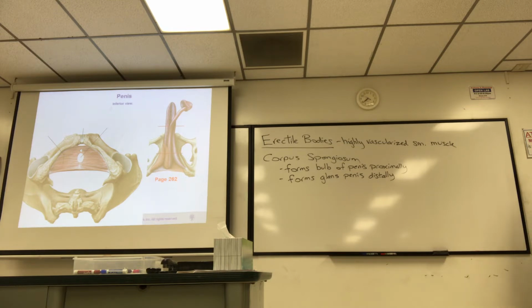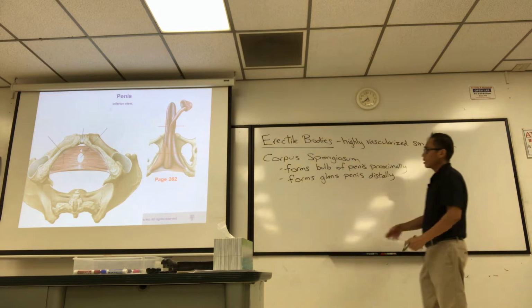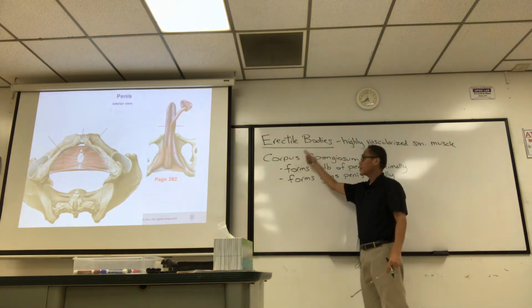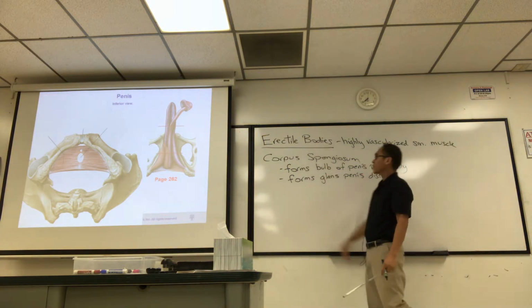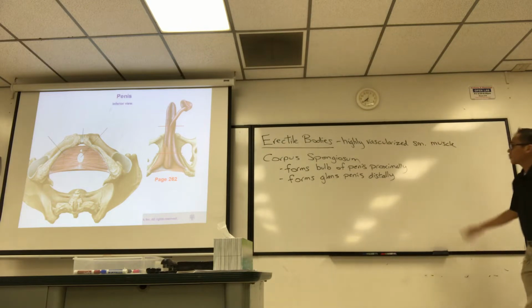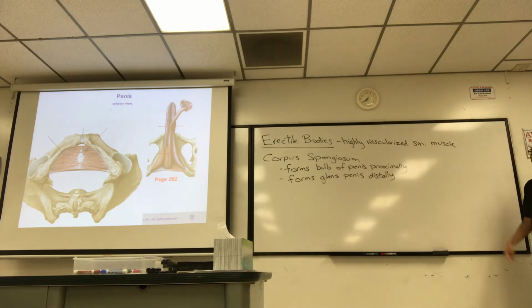Now you could have figured that out on your own, right? They're called the erectile bodies. And also, corpus, what's a corpus? A body. So that's the term there. And this tissue is like a sponge. It'll just soak up the blood if you vasodilate the arteries. I mentioned that before. Erection is a vasodilation event. I'm just showing you the parts here.